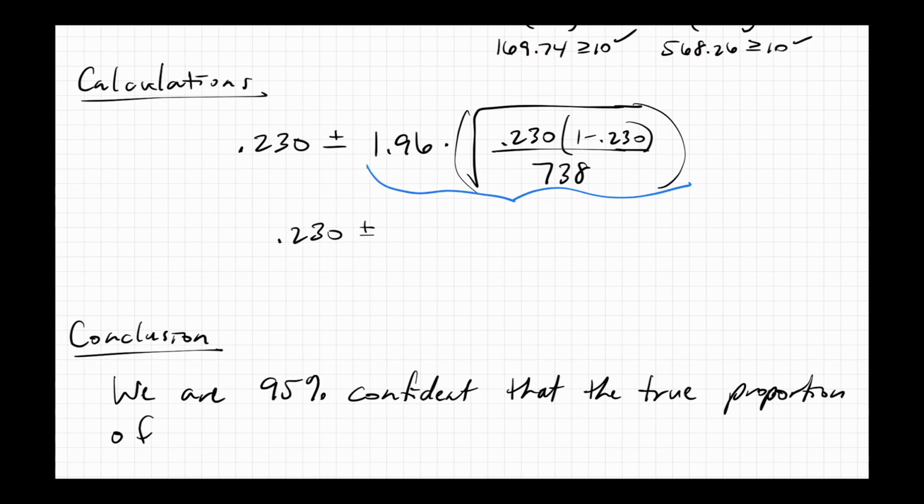Oops. 0.03, 3%. Okay. So when I add them, I get 0.260. When I subtract them, I get 0.200. So my interval goes from about 20% to about 26%.